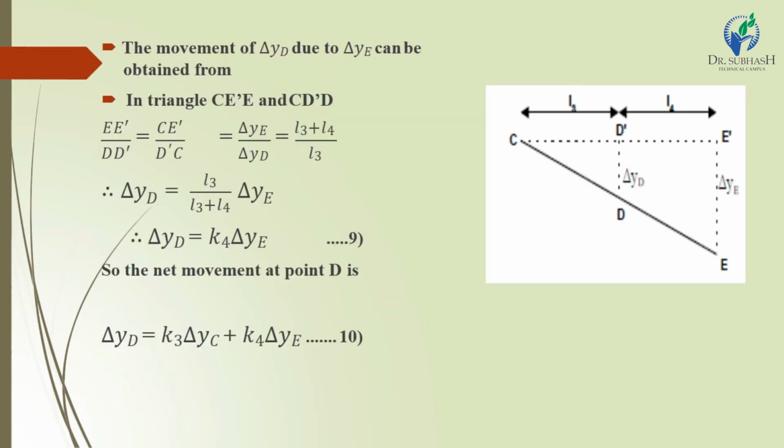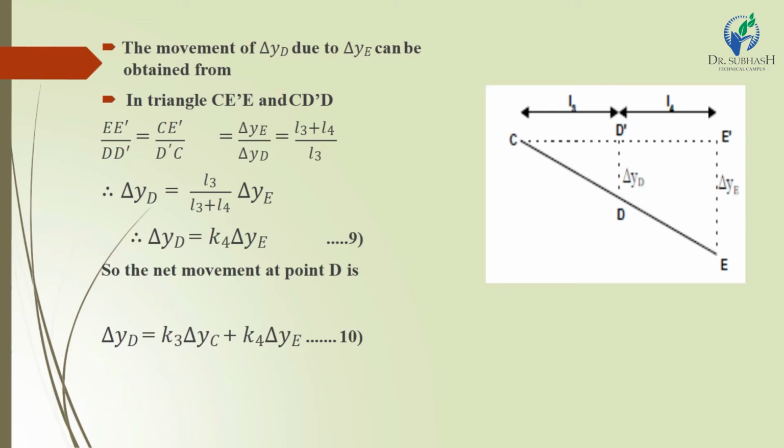The movement of delta YD due to delta YE can be obtained from the triangles C E' E and C D' D. So we write that E'E upon D'D is equal to C E' upon C D'. So delta YE upon delta YD is equal to L3 plus L4 upon L3.